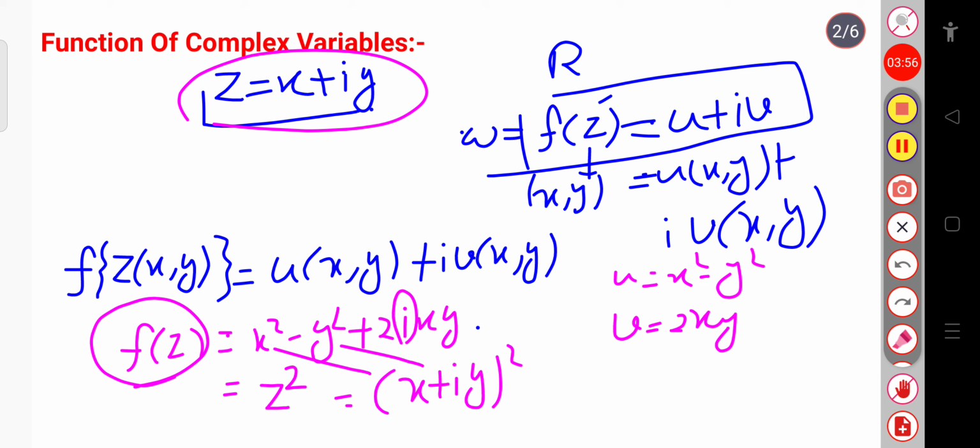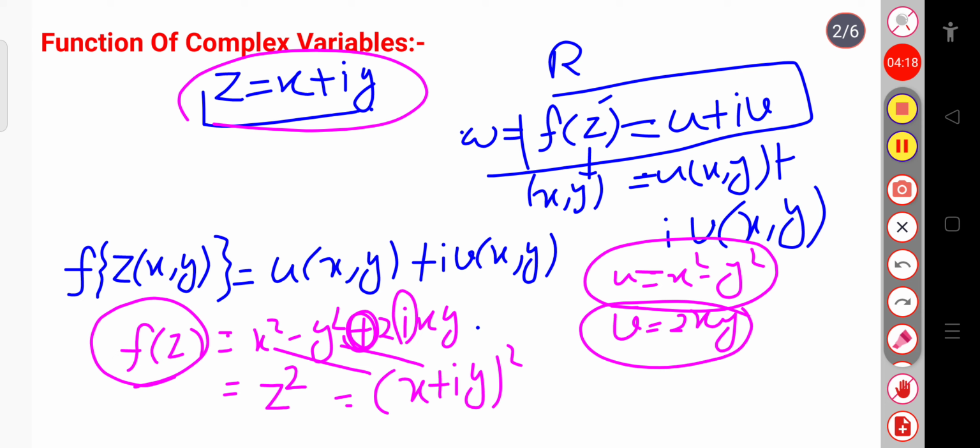So the function f of z equals z square is written as x square minus y square plus 2 iota xy, that is, u equals x square minus y square and v equals twice of xy.